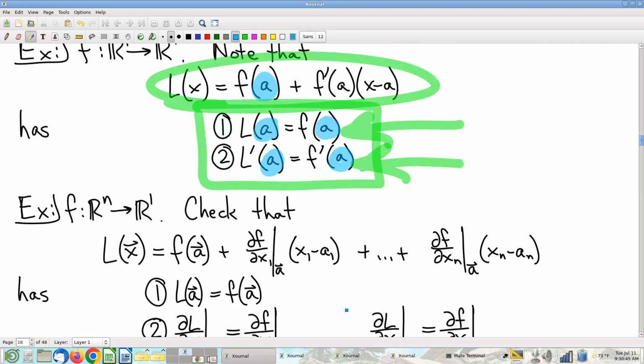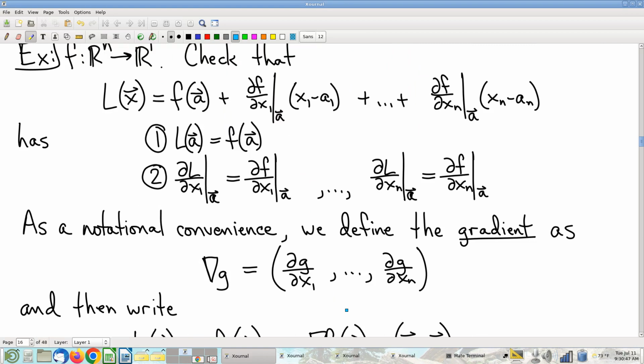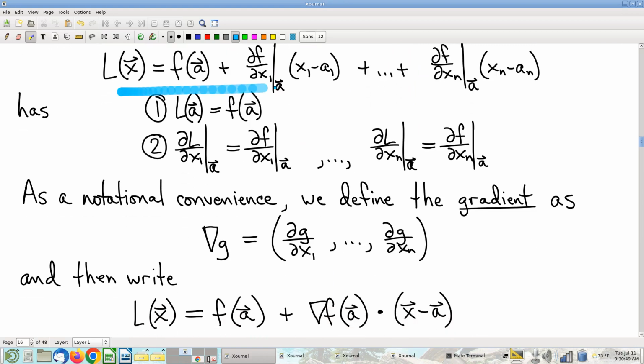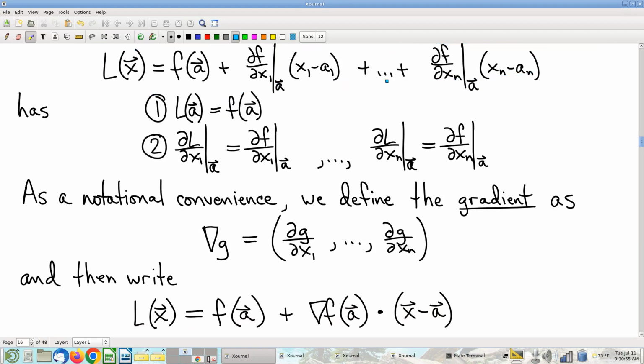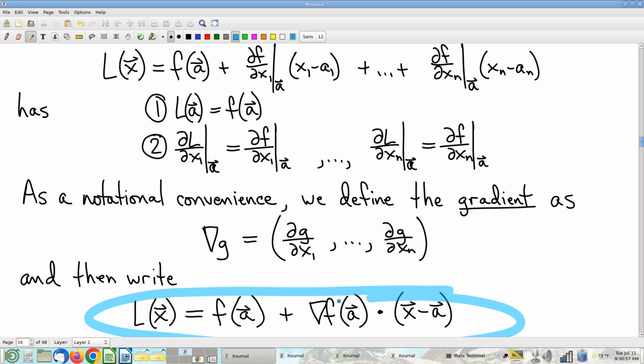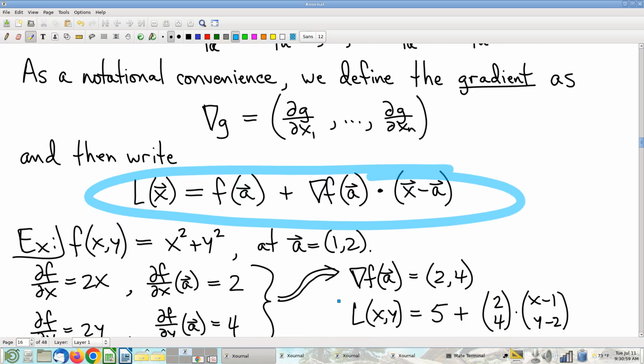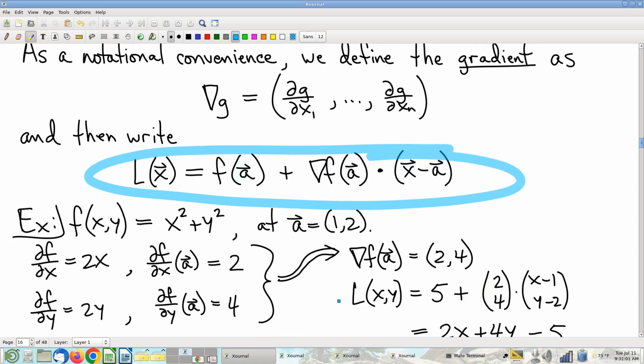Okay, so you write down the same criteria for a multivariable function, and you get this formula right here, which structurally actually looks a lot like the original formula. And then when you make up the appropriate notation and rewrite, it looks even more like the original formula. There's f of a, and then some kind of derivative times x minus a.